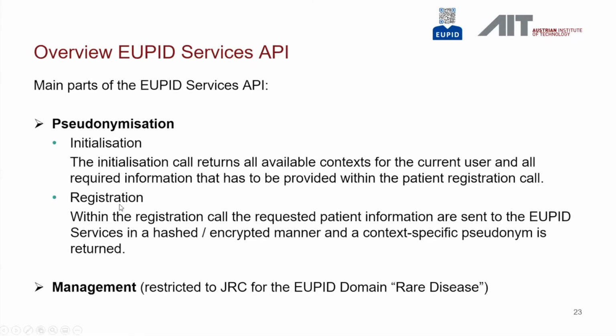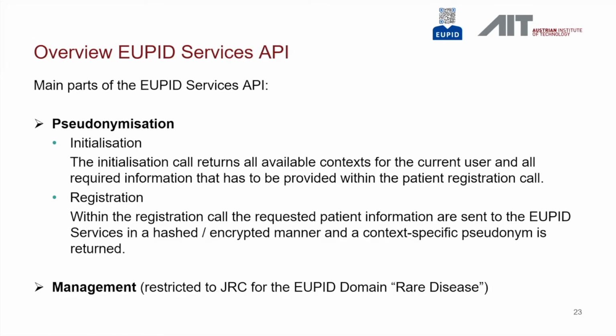That means we have the second call here. This is the registration call. Here we can put together all this information, according to the initialization information, and we provide the information of the patient, the first name, last name, date of birth, whatever, in a hashed and encrypted manner, and send this in a context-specific way to the EUPID services.